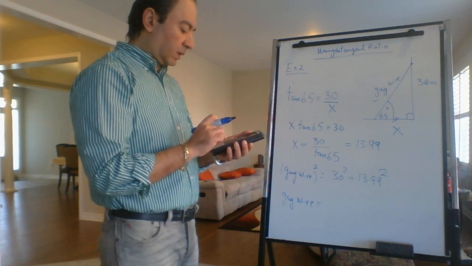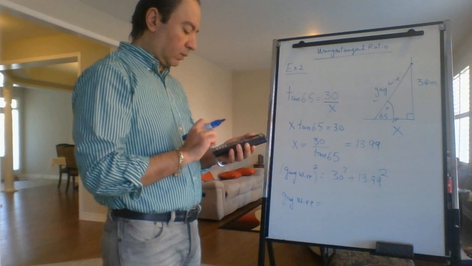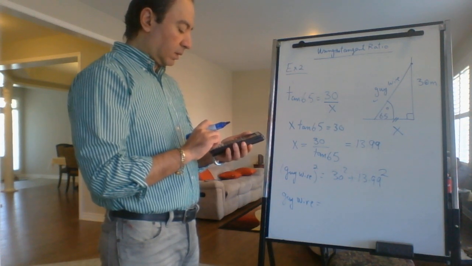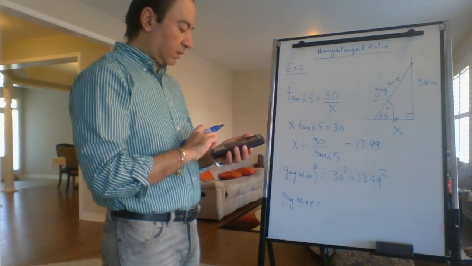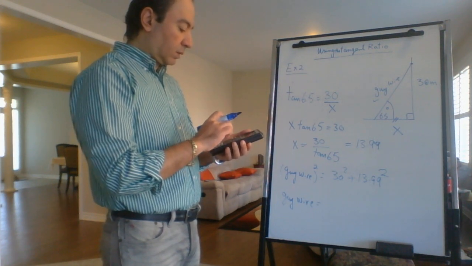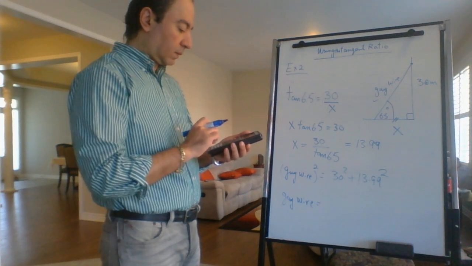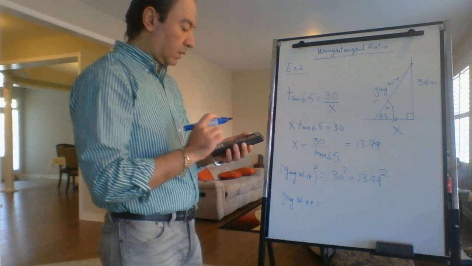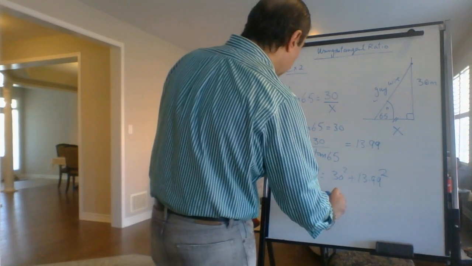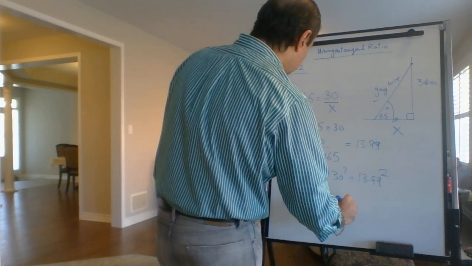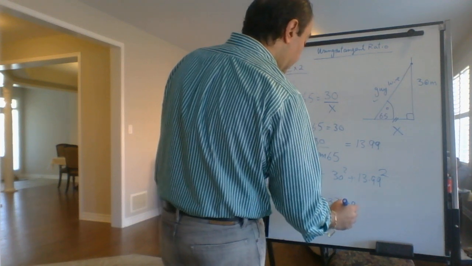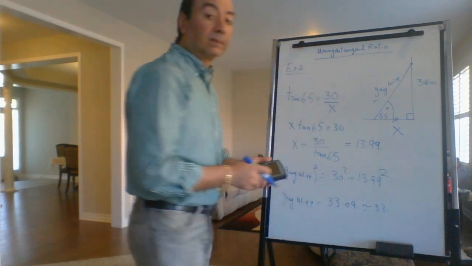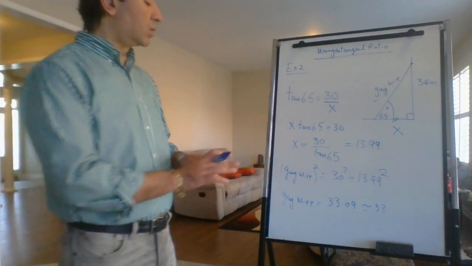So this to the power of 2 plus 30 squared, 900, square root of that. 33.09, we can say it's almost 33. Alright, so this is example 2.